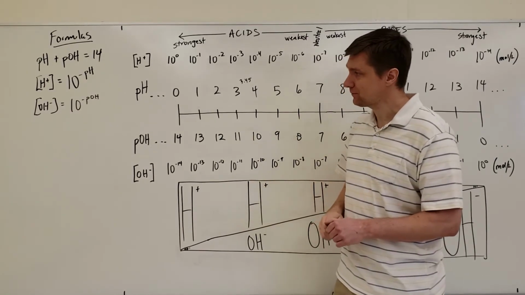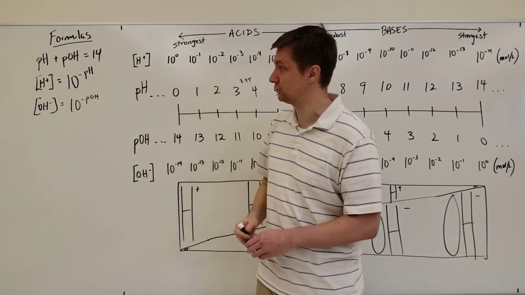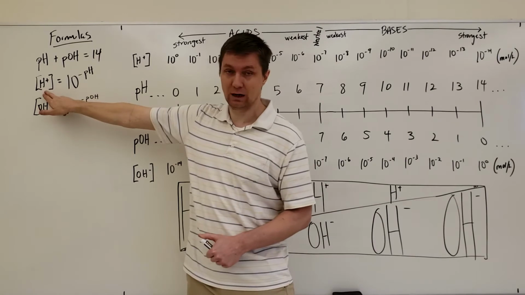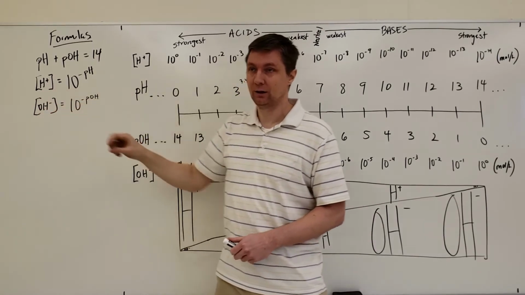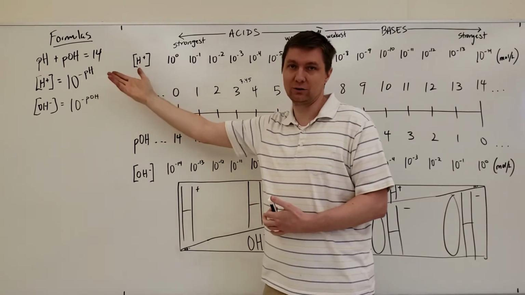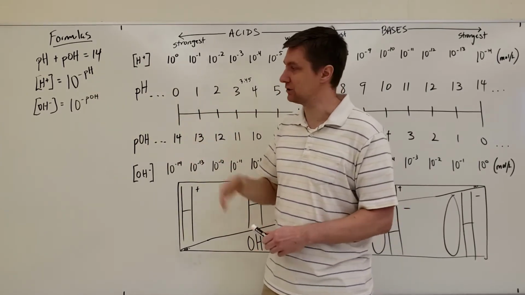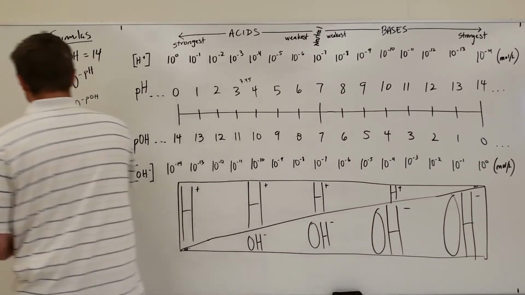And so if, for example, I want to calculate the pH of a solution by using the hydrogen ion concentration, then to undo or reverse this calculation, or to kind of go backwards, I would take the negative log of that substance. So the formula is going to look like this.